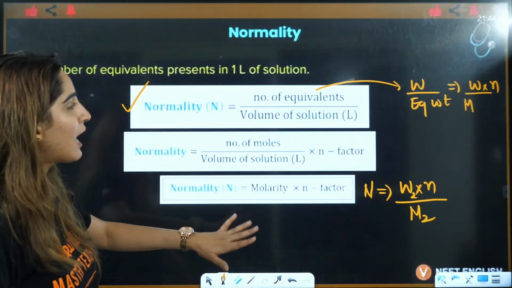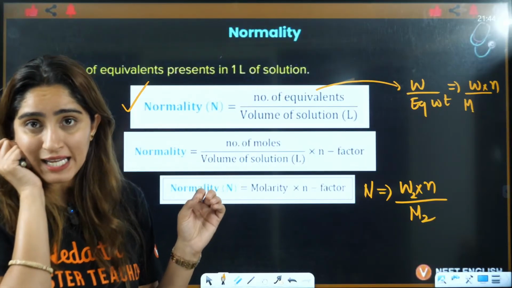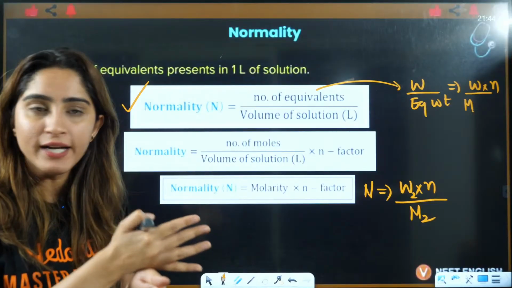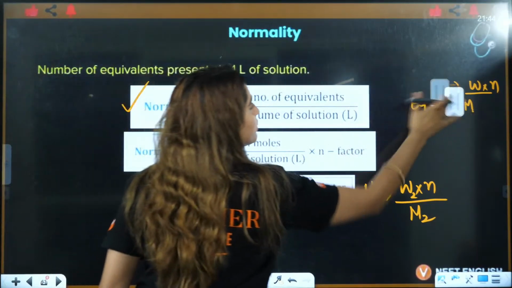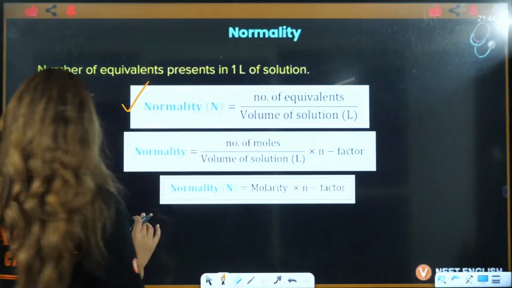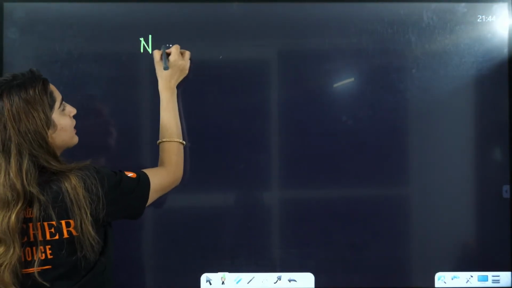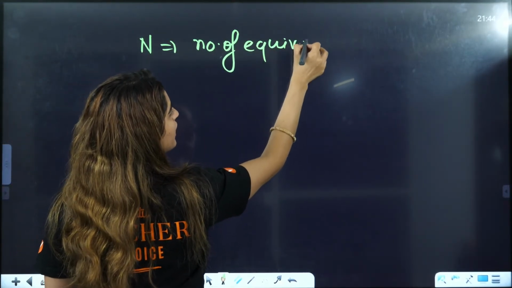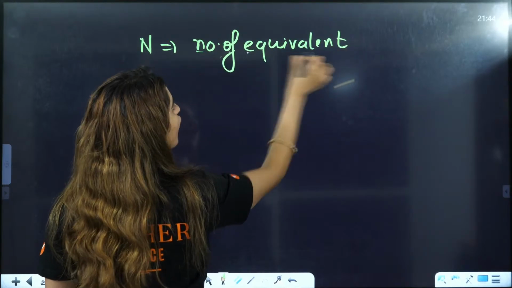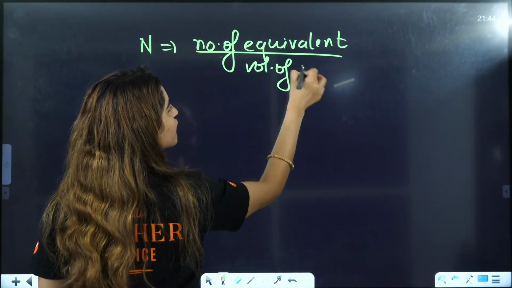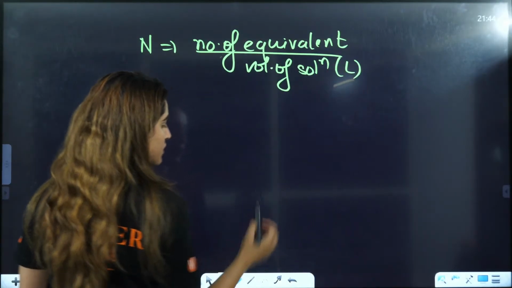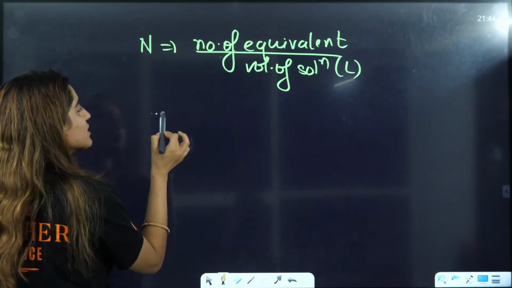What we are saying is that if you talk about normality, replace moles by equivalents. If you want to understand this in a better way, see, normality is number of equivalents divided by volume. This is the volume of solution, in liters, right? What is number of equivalents?